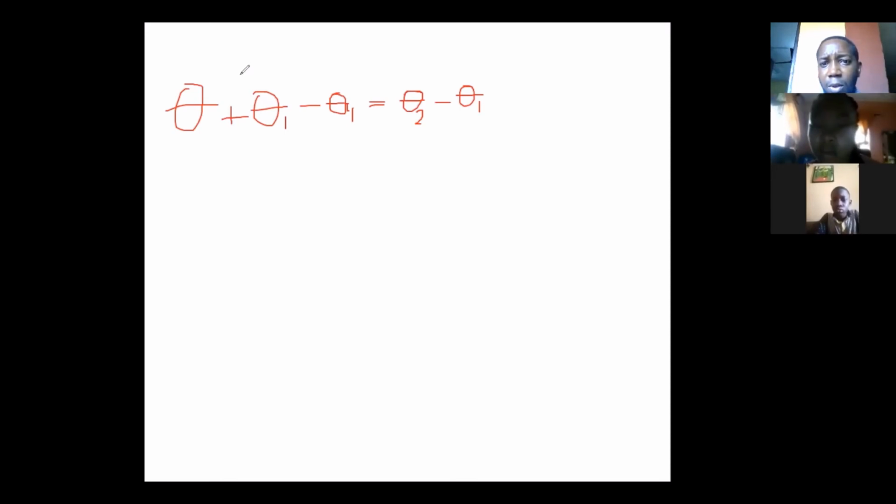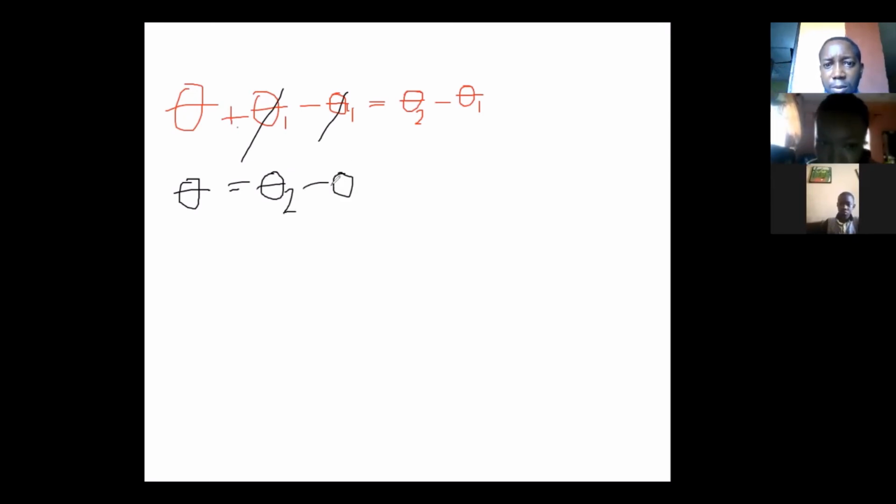Okay. So this will cancel this, and then we will have theta equals theta 2 minus theta 1. So theta can be equal to this.